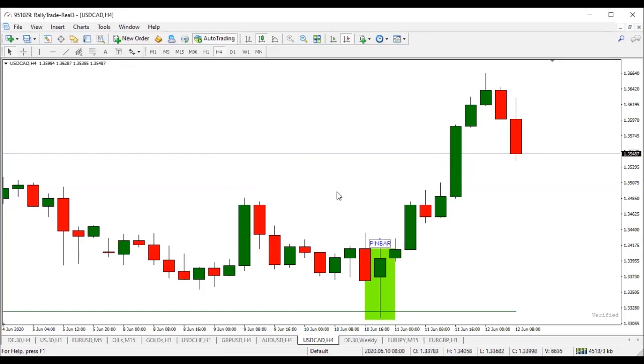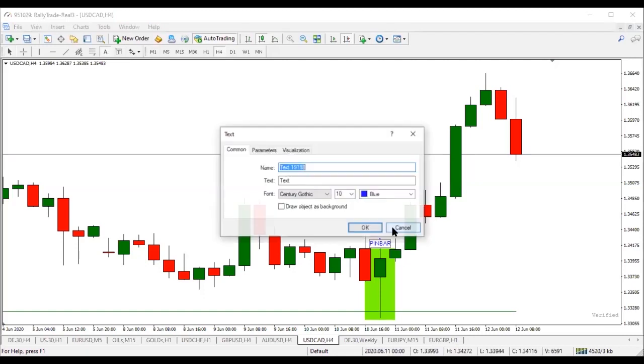That's the pin bar. And of course, if I click on text label again and come to confirmation, let me just put that one in capital letters so that you can see it. Confirmation candle.